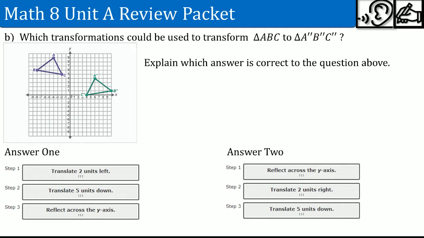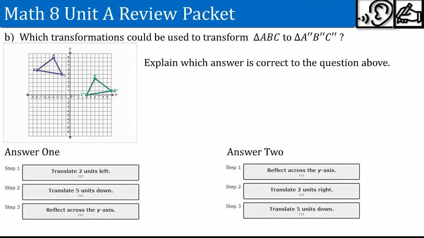5 units down. Oh my god. Hold on. This should be left. Hold on. Let me look. So here it goes reflect over the y. It goes here, then it goes down left.